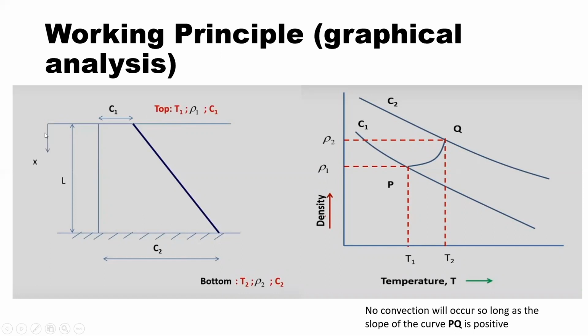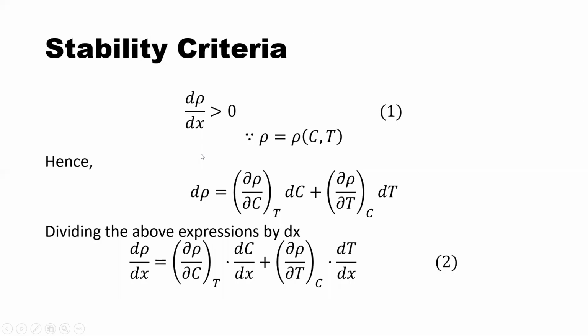X is the small depth downwards in the pond, and when we represent it mathematically, d rho by dx is simply saying that the density of the lower layers, when we differentiate density with distance, will be greater than or equal to 0.